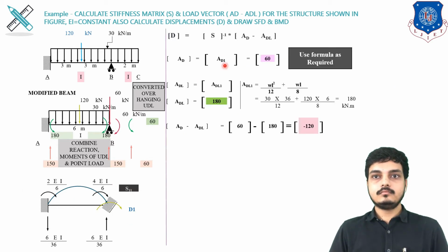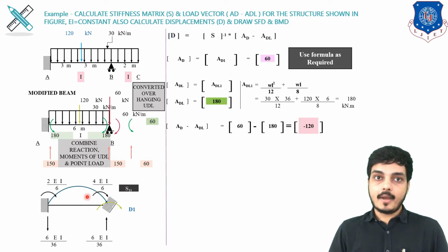Now, to find our primary unknown D, the formula is S inverse into AD minus ADL. To find AD and ADL, AD is nothing but the action in the actual structure. I would like to remind you that it is nothing but the given loading. Now, we will not look at the given beam, we will look at the modified beam. In the modified beam, we have converted this UDL into a point load and moment.